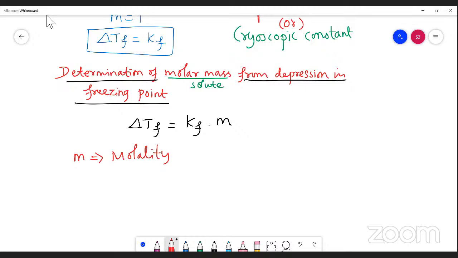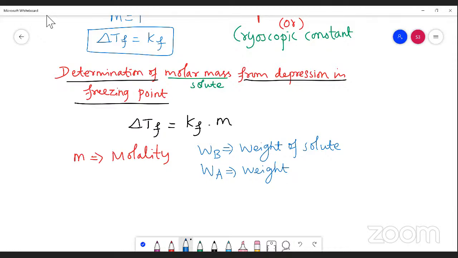Just for consideration, here I am going to take weights. WB is the weight of the solute.